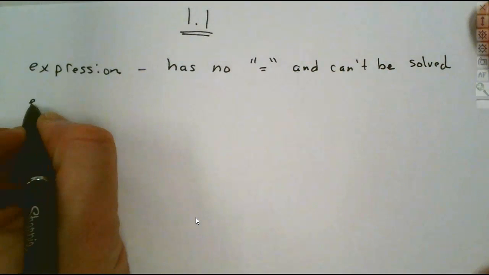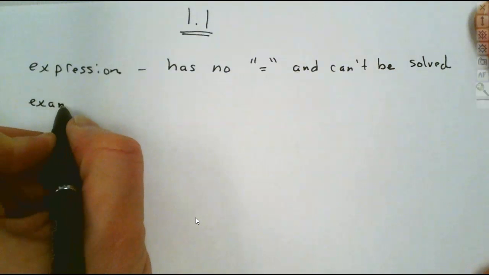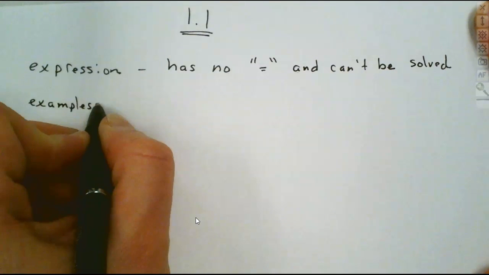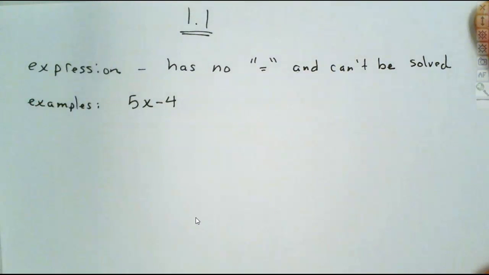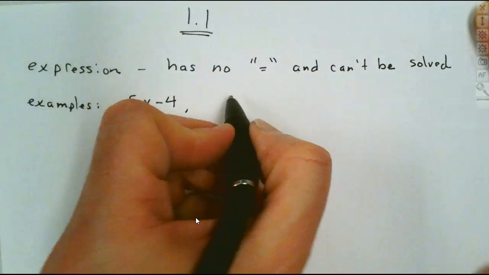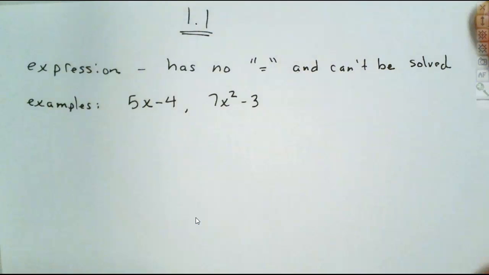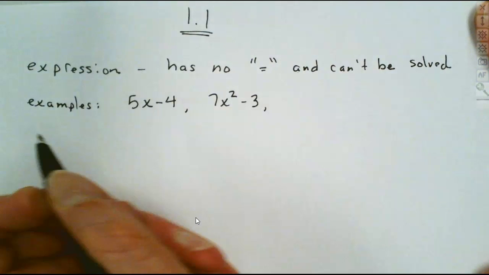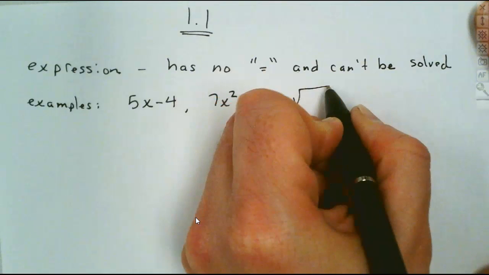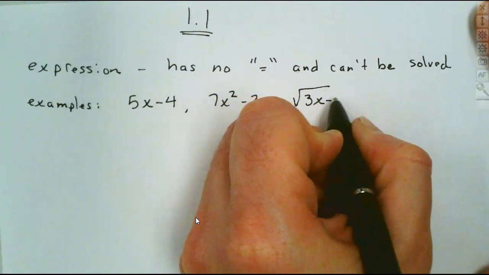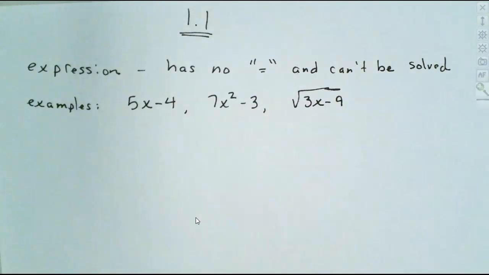So here's some examples of expressions. (5x minus 4). That's an expression. 7x squared minus 3. That's an expression. How about the square root of 3x minus 9? Those are all examples of expressions.